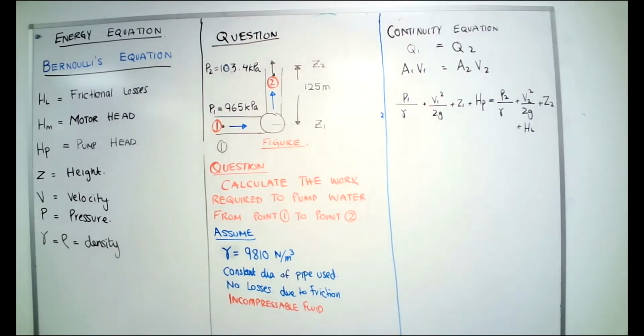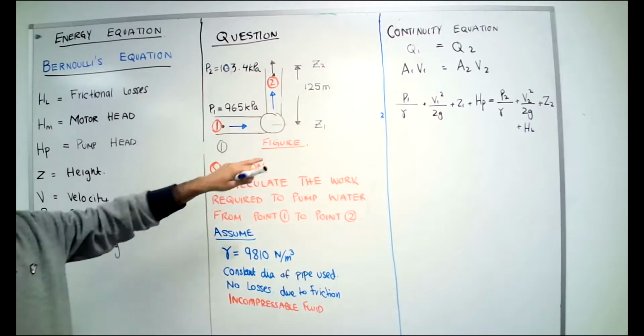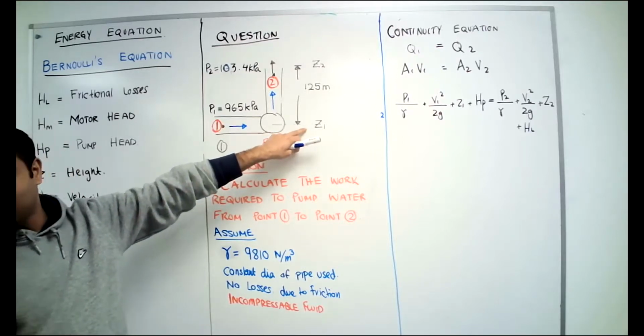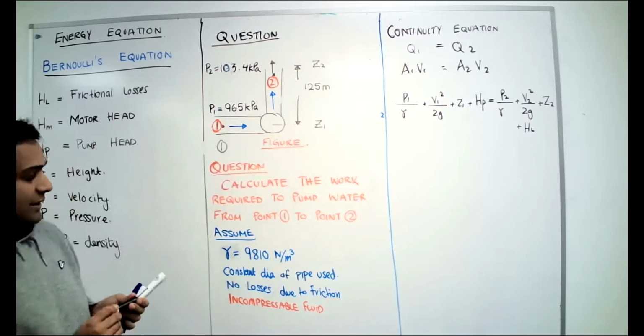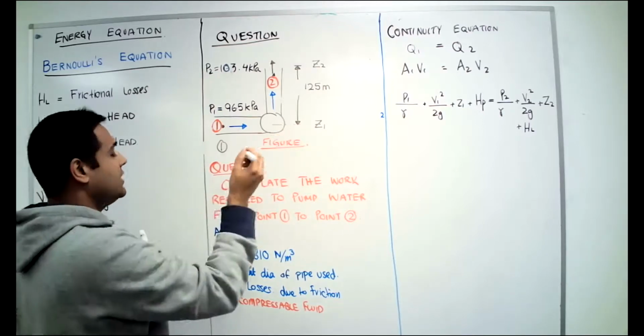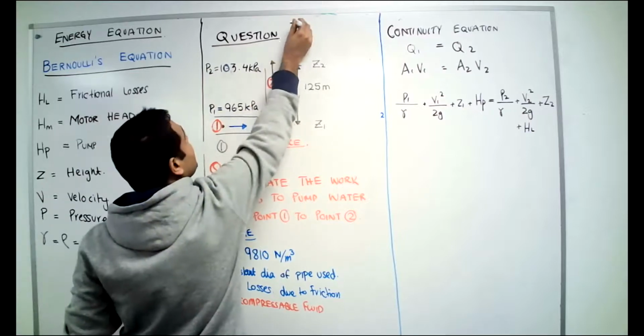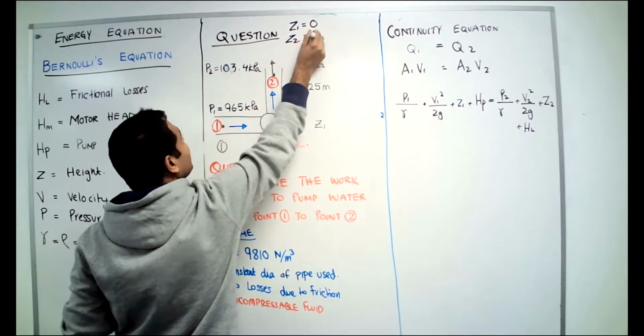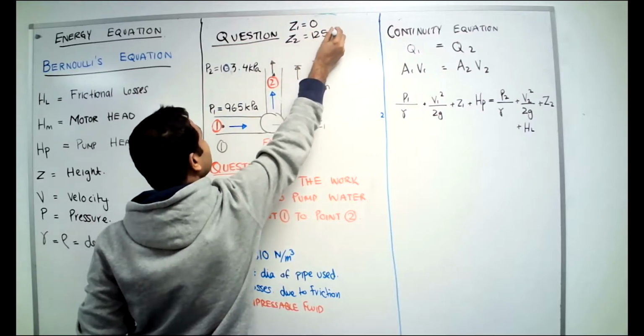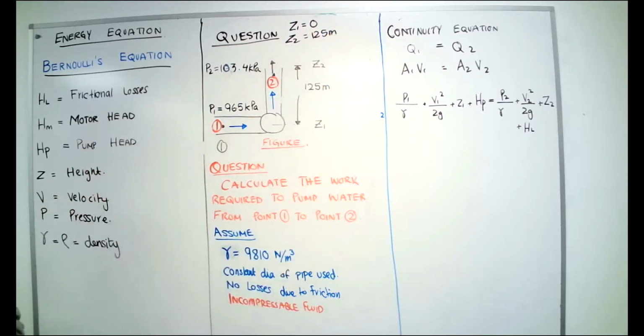Now what we do is we use the Z1 as a datum line. What does that actually mean? The datum line means that we measure that as a reference. So the Z1 is 0. Z2 is 125 meters. We have the P1 and we have the P2.